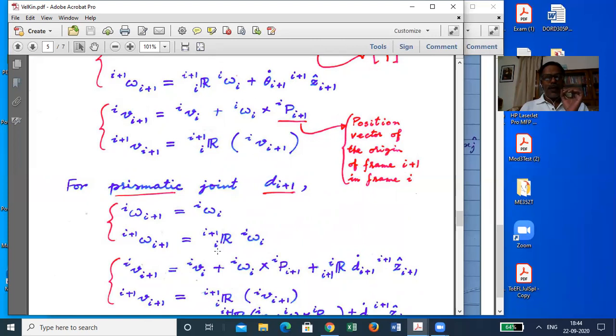In the case of the linear velocity, there will be more terms.